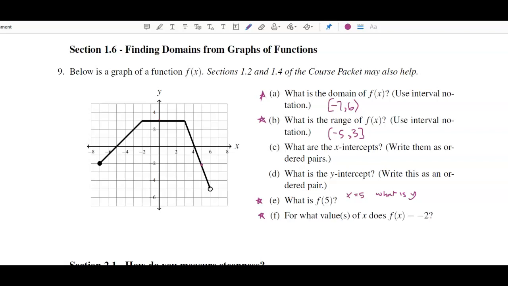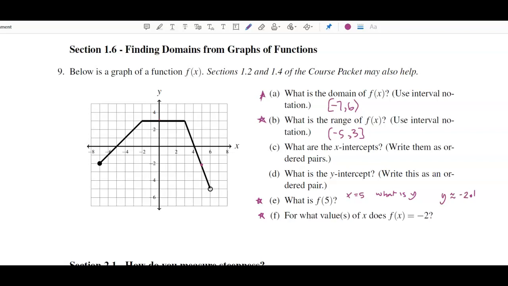And so that looks like that's going to be about -2, right? So I'm just going to say y is approximately -2. Or maybe you could say, like, it looks a little bit lower than that, so maybe -2.1. Right? So it just isn't very exact on that picture.